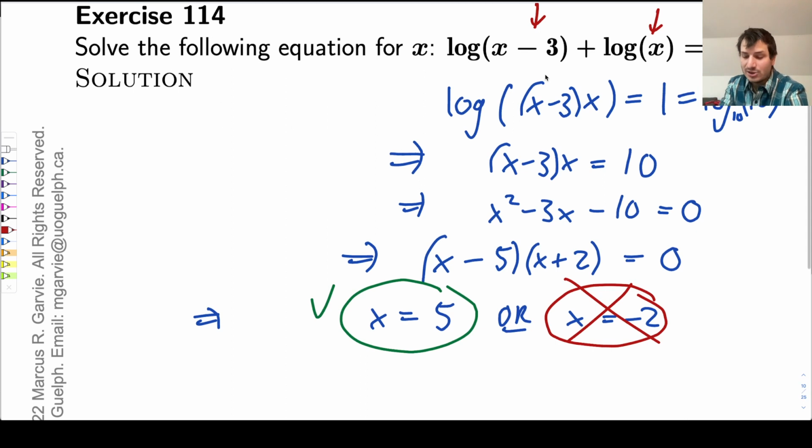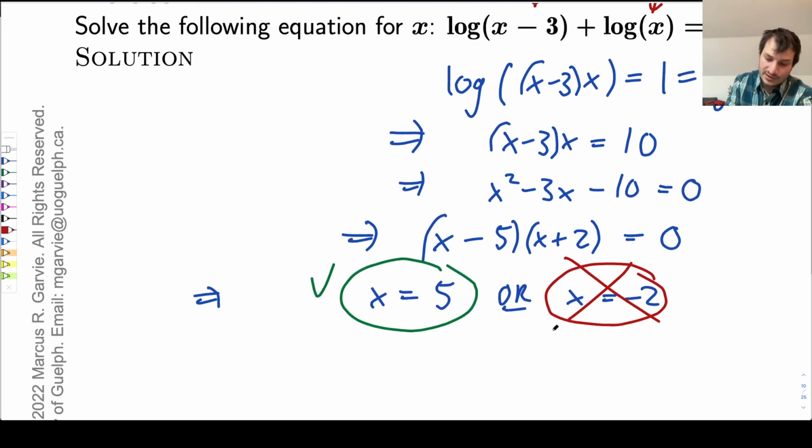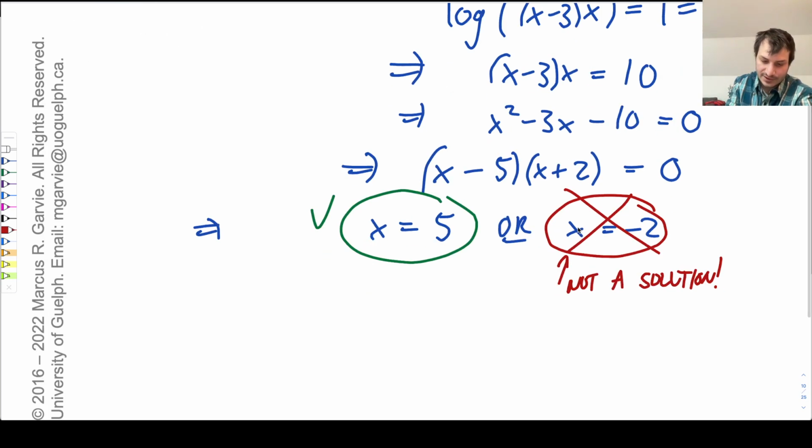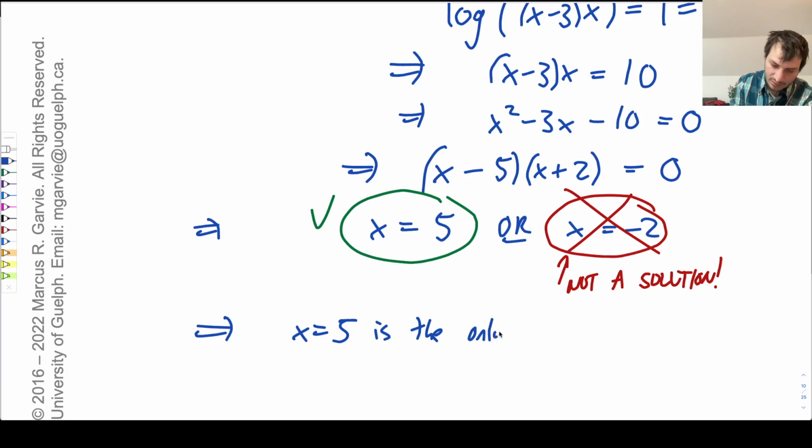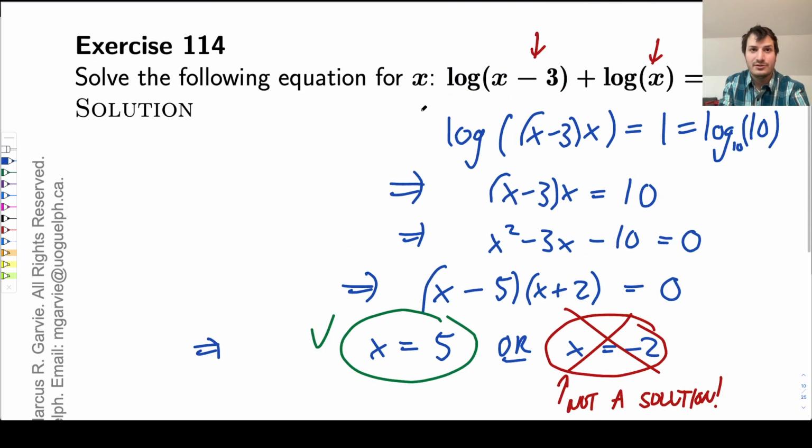So our equation got us to x equals 5 or x equals negative 2, but x equals negative 2 is not a solution. So what is the final answer? It's only, therefore, x equals 5, the only solution. Okay. All right, that was that one. 114.